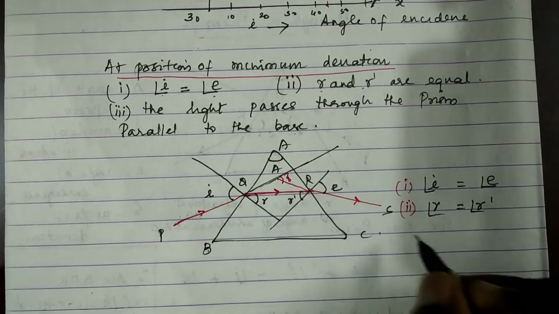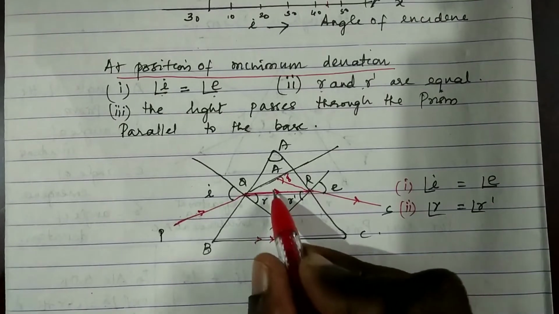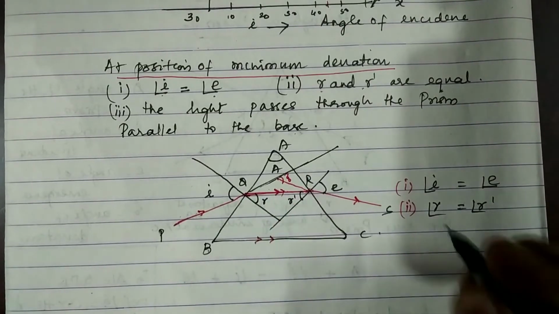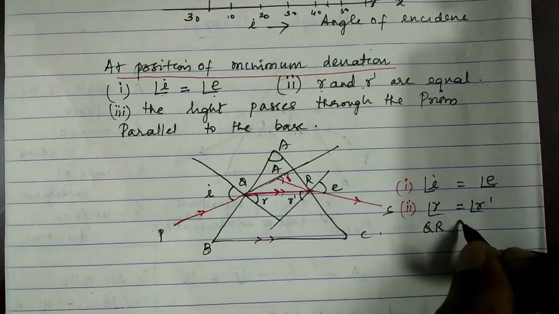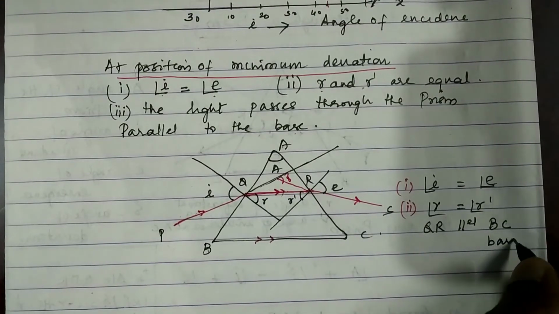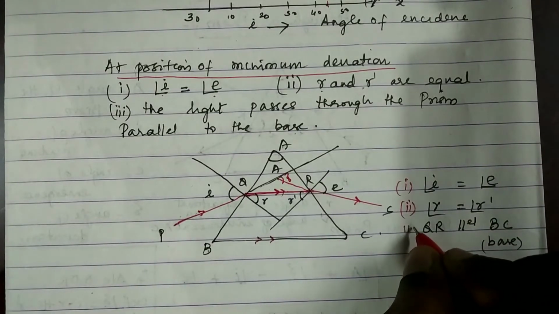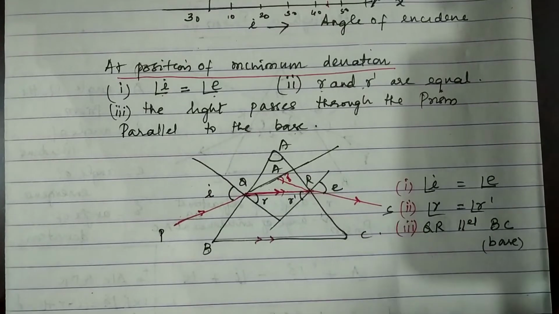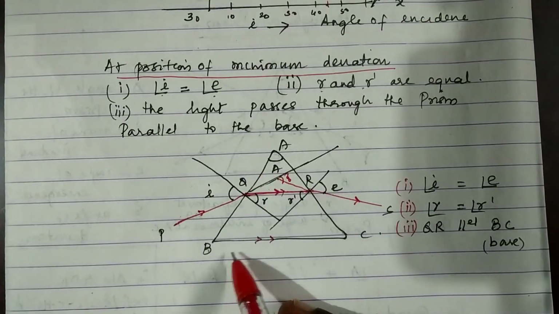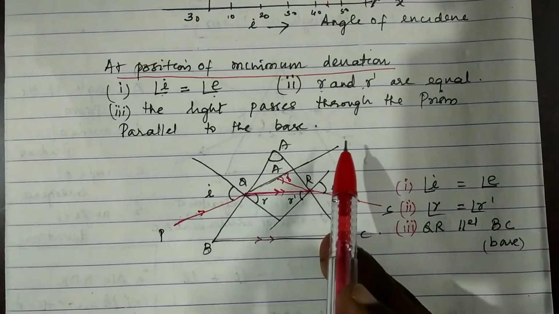That means this ray QR will be parallel to the base, that is QR parallel to BC, the base of the prism. The light passes through the prism in a parallel way. So these are the three things that we should know while studying the position of minimum deviation.